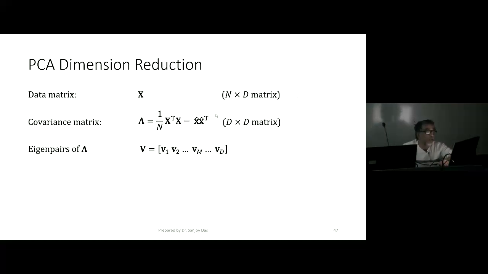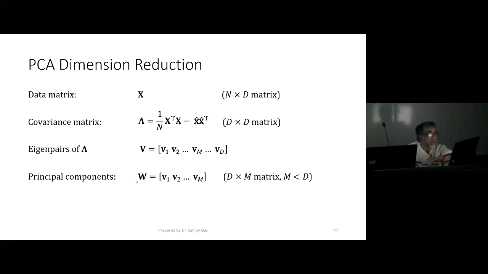So V1 is the first principal component. Take the covariance matrix, which is SPD, and obtain its spectral decomposition. Of the eigenvectors, take the largest M. Suppose we want to reduce the dimensions from D to M. Then simply take the first M eigenvectors.